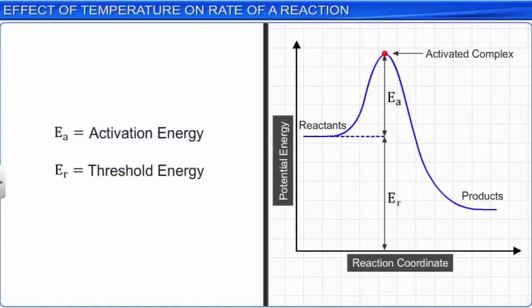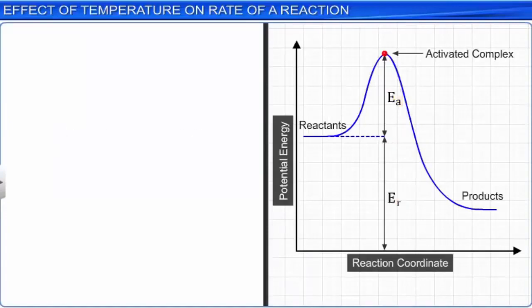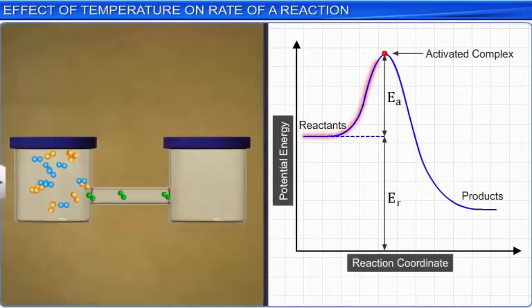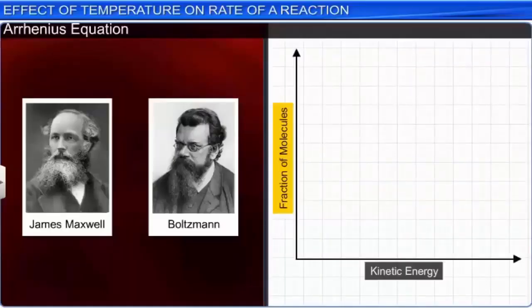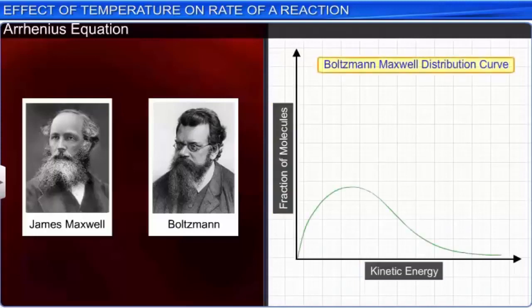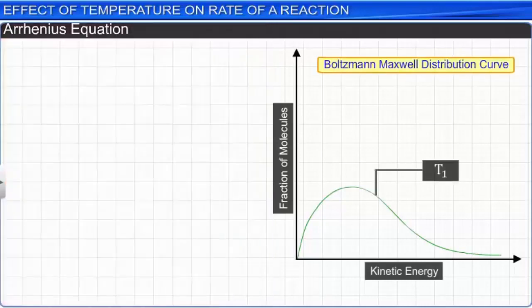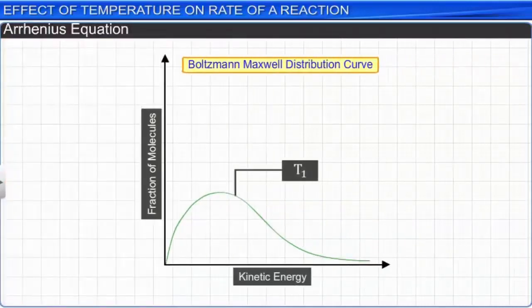Hence, not all molecules have enough energy to take part in a reaction. If we plot the fraction of molecules with a given kinetic energy, we get the Boltzmann-Maxwell distribution curve shown here. Only those fractions of molecules on the right-hand side of the activation energy take part in the reaction.